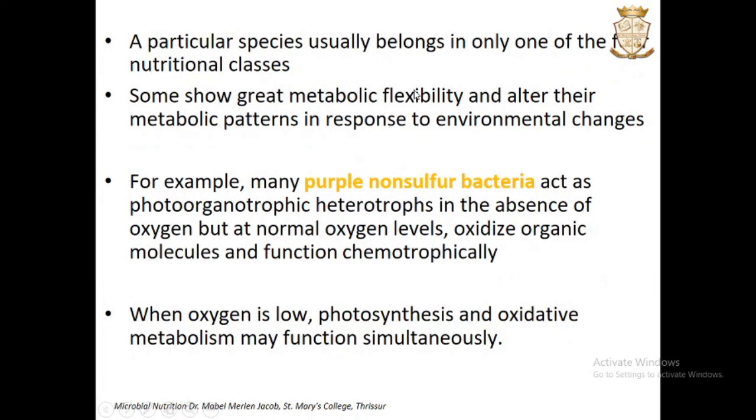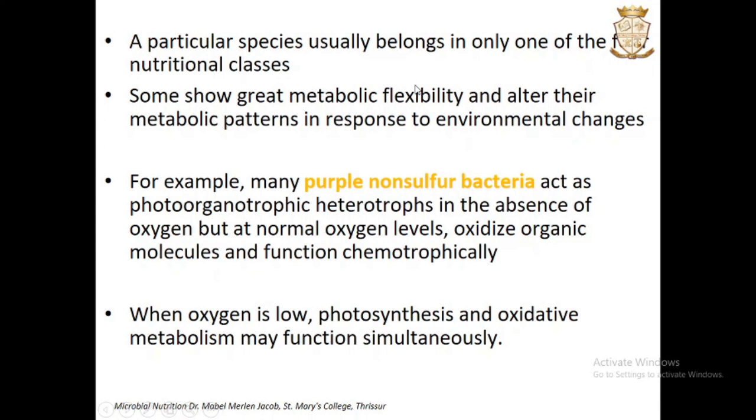Now, a particular species usually belongs in one nutritional class, but some show metabolic flexibility and alter their metabolic patterns in response to environmental changes. For example, many purple non-sulfur bacteria are photoorganoheterotrophs in the absence of oxygen, but at normal oxygen levels, they oxidize organic molecules and function chemotrophically.